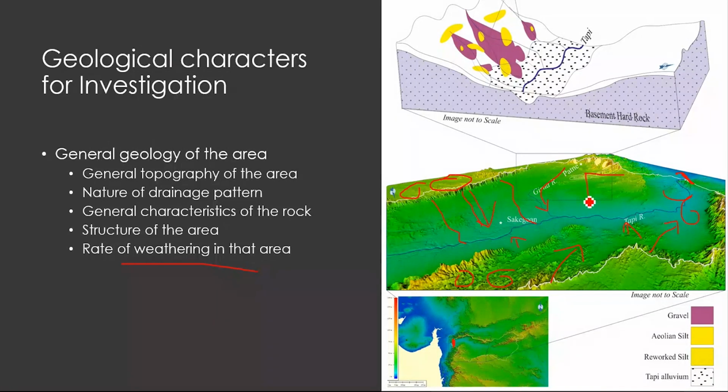If the thickness of easily erodable sediment is more, all of it is going to contribute to my dam or reservoir. Every year I'm going to get a huge amount of sediment deposited in the reservoir, so every year I need to remove it, or the water carrying capacity of the reservoir is going to be reduced by this process. So these general characteristics need to be studied before taking a decision on the construction.